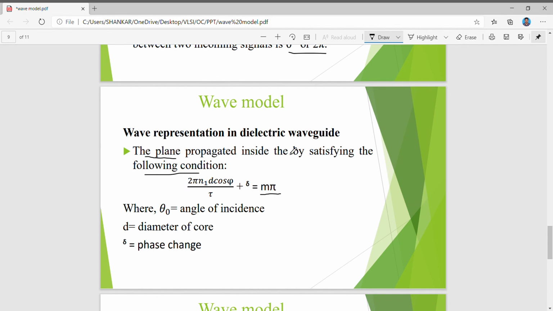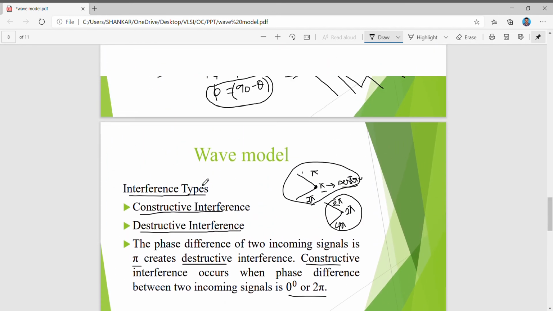So this is the dielectric waveguide. It should satisfy the following condition, that is 2 pi n1, where n1 represents the refractive index of the core material.